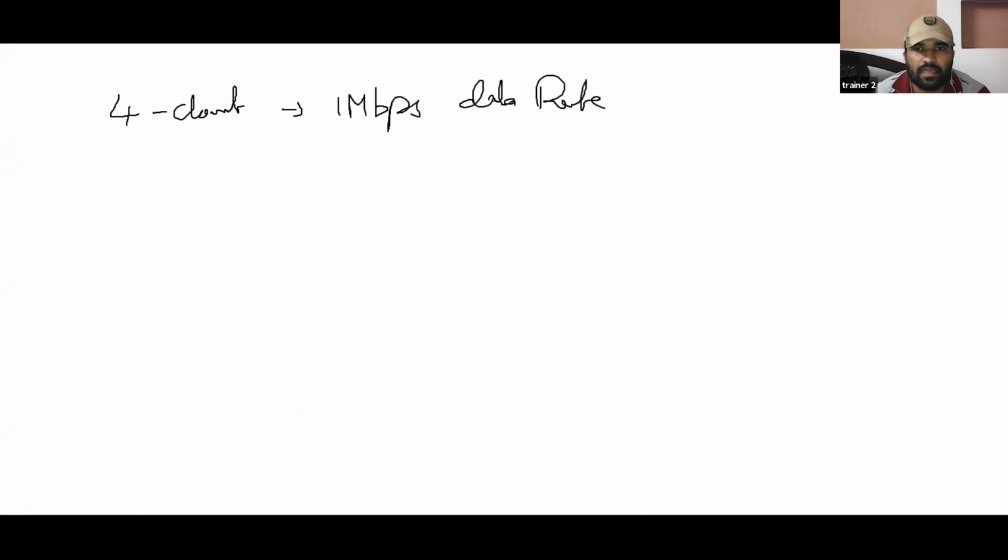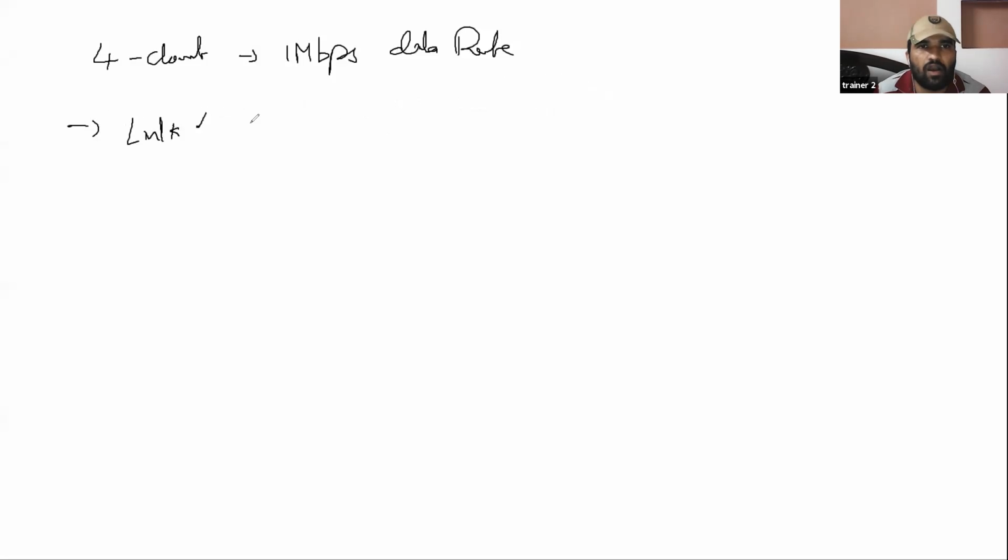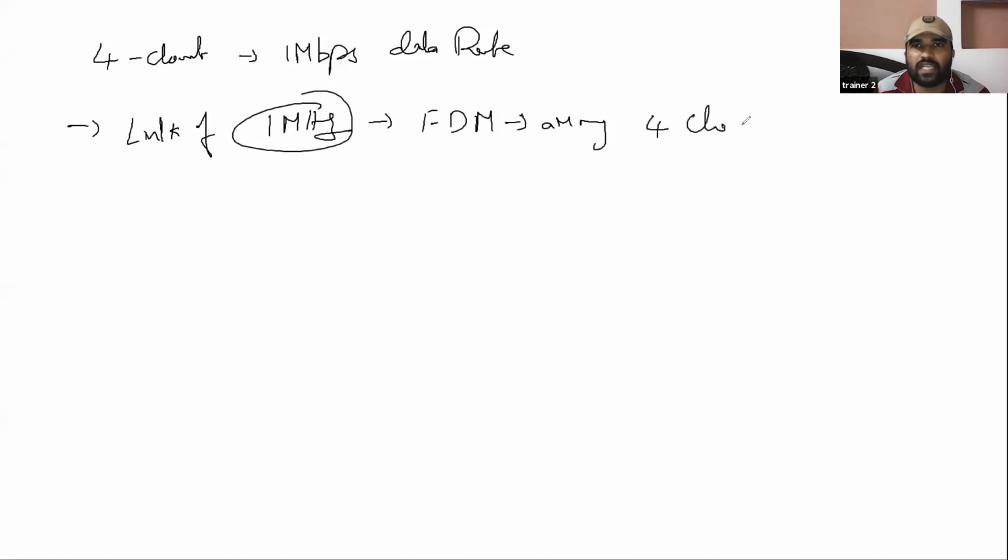And the question is, you have a link of 1 megahertz and you need to use FDM to share this 1 megahertz among 4 channels. They ask you to find out what is the L value. That means what is the signal levels, how many signal levels you can go with to accommodate this particular option.